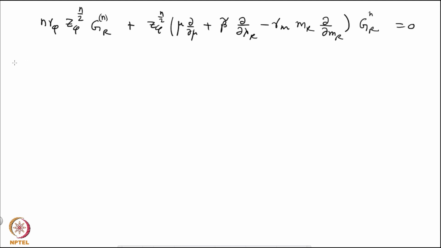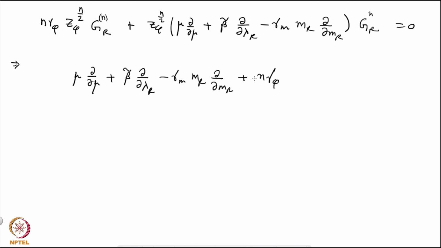So what do we get? I'm just going to rearrange this slightly and you get the following. Mu d over d mu plus beta tilde d over d lambda_R minus gamma_m m_R d over d m_R plus n gamma phi.